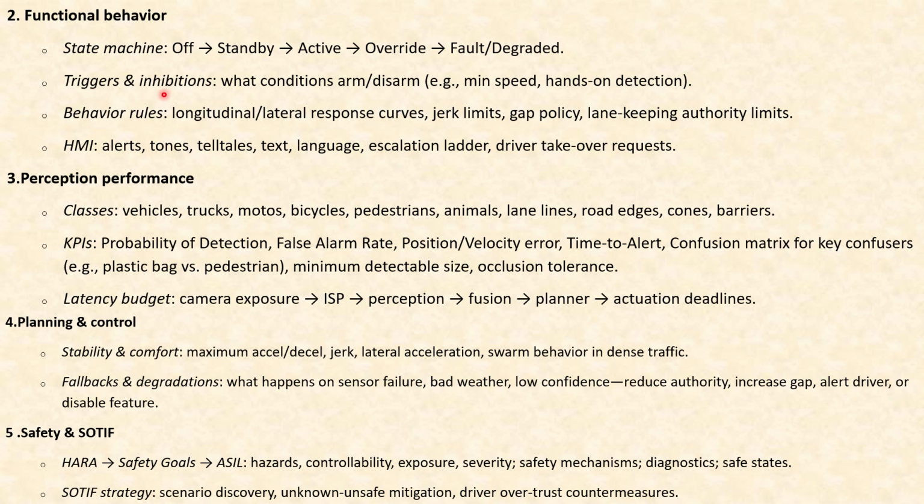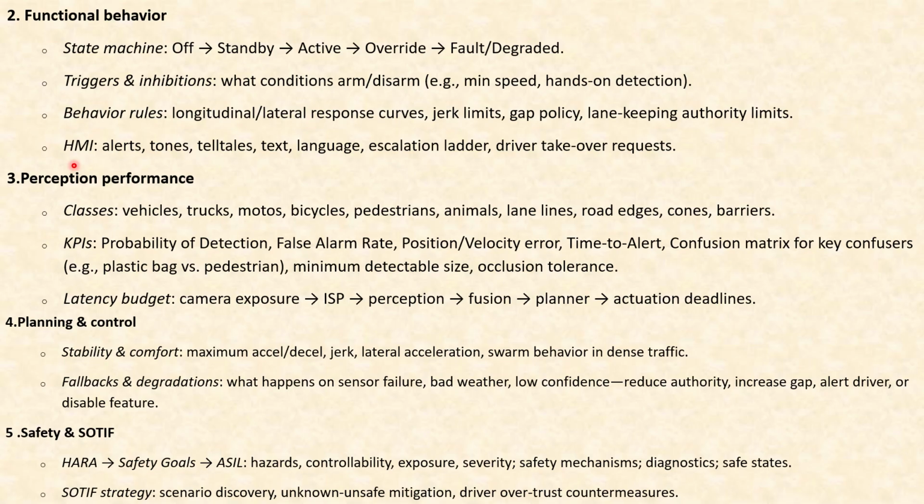Also the triggers and inhibitions, what conditions arm and disarm, for example the minimum speed at which adaptive cruise control is triggered, and hands-on detection. All these things must be clearly outlined. Next is behavior rules: longitudinal and lateral response curves, jerk limits, gap policy, and lane keeping authority limits. All these things must be clearly outlined and noted.